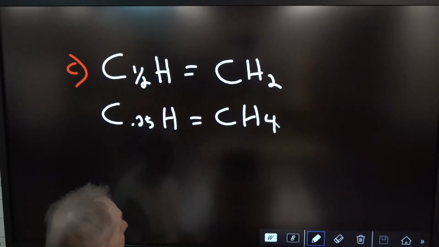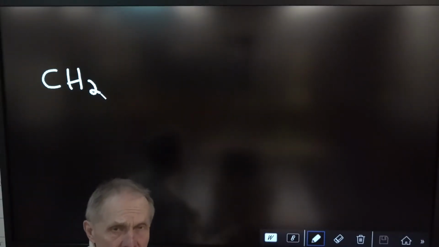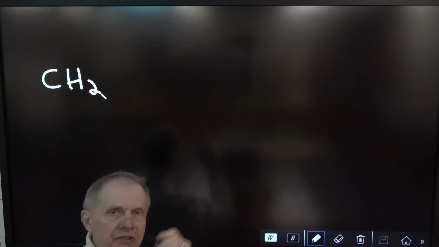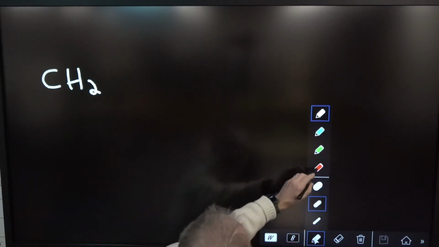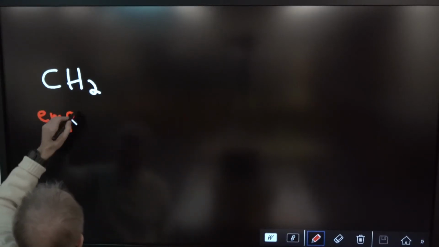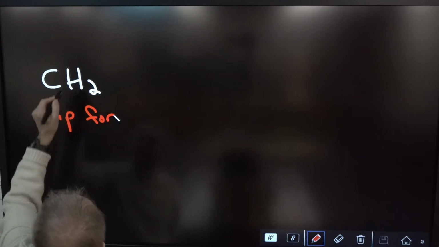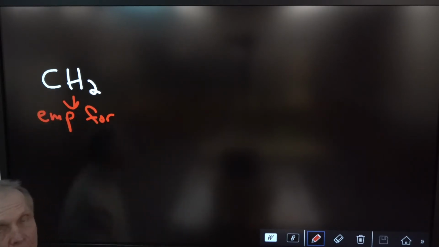All right. Now watch. CH2. That's an empirical formula. It's not a real formula because carbon has to have 4 bonds around it at all times. So there's really no such thing as CH2, but it's an empirical formula. So we're going to label this an empirical formula.